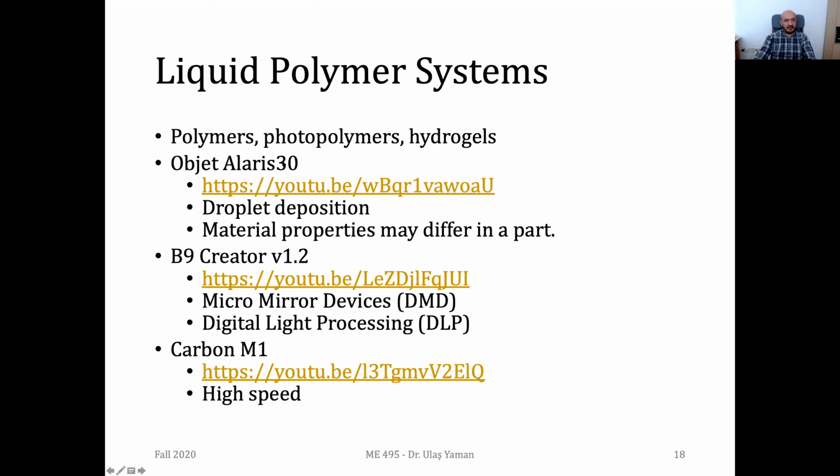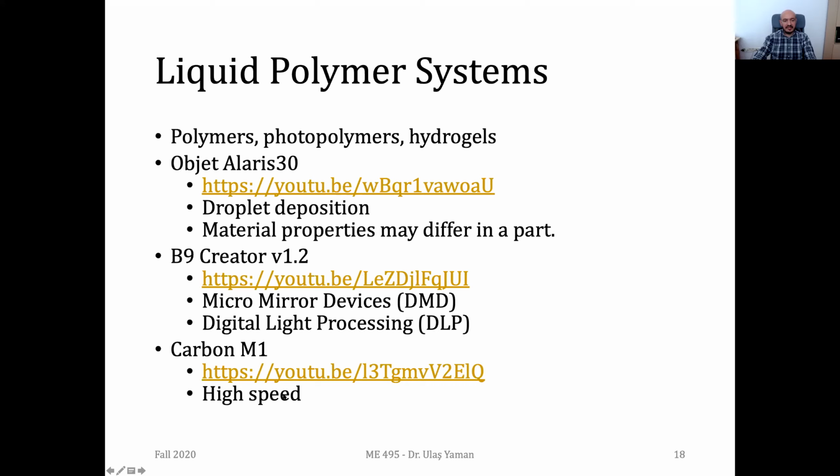And in the Objet version, we have droplet deposition. We deposit drops on the table and try to cure them once they are dropped. And in the B9Creator version, we have a projector underneath, and with the help of the light coming from the projector, we could polymerize these photopolymers.